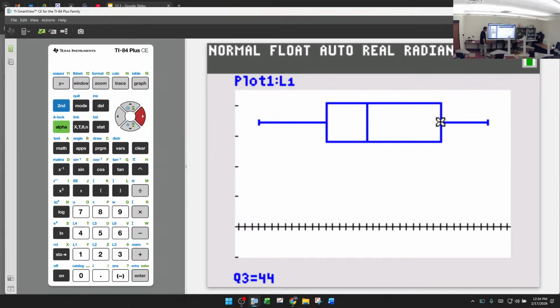That's 44. That's 51. And you can label that if you wanted to. Not required. That's 27. And then that's 17. Doesn't take a whole lot of time to write those numbers down if you're worried about not getting the points for it. Pretty much the only way you're not going to get the points is not do it.